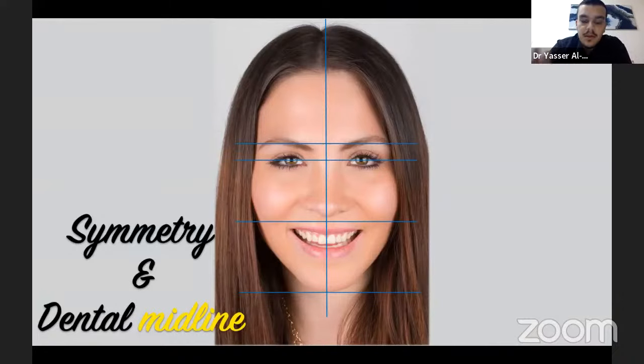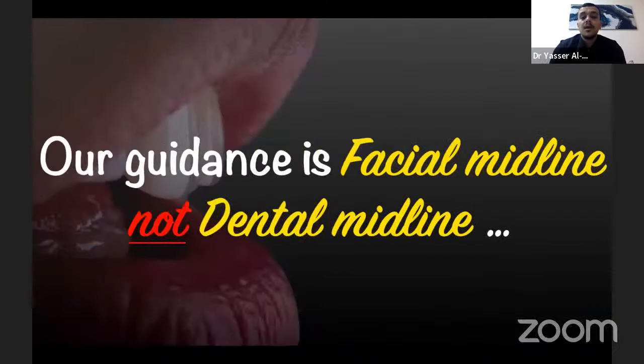Our smile is equal to the face in general. Our guidance is the facial midline, not the dental midline, which means when we design a smile, the guideline of our dental midline is the facial midline itself.